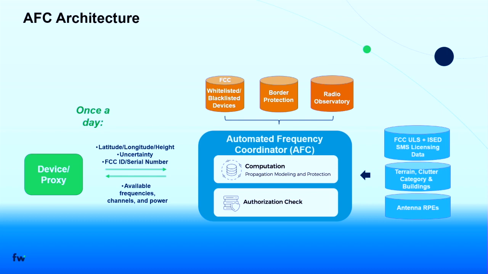So once a day, as Peter mentioned, an access point that wants to operate using 6 gigahertz standard power needs to communicate with an AFC. And as Peter mentioned, it needs to provide the AFC with its location as well as its location uncertainty, and also an FCC ID and a serial number. Our AFC uses the Wi-Fi Alliance standard device interface to transfer that information.